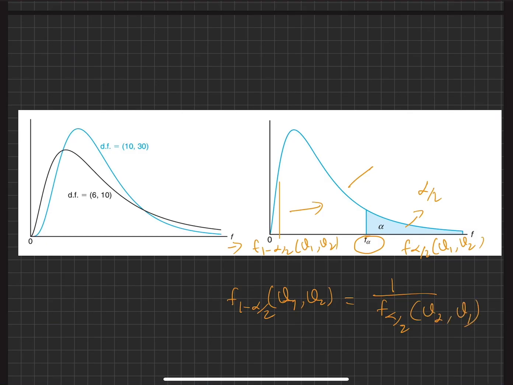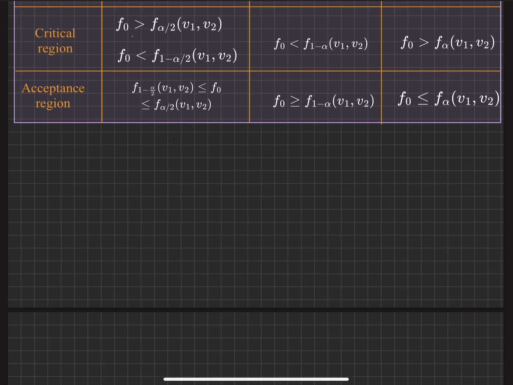The degrees of freedom will not be symmetric here. The numerator degrees of freedom and denominator degrees of freedom will interchange. Whenever I change, the corresponding F alpha value will change. So we always use this F alpha by 2 of v2 comma v1 to get F 1 minus alpha by 2 of v1 comma v2.